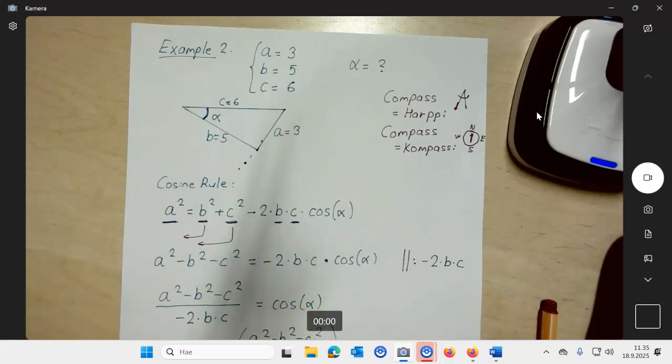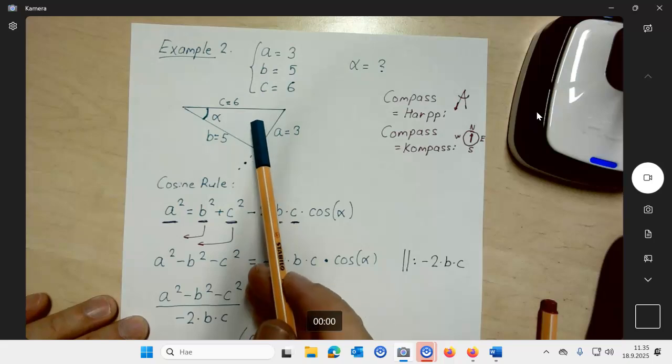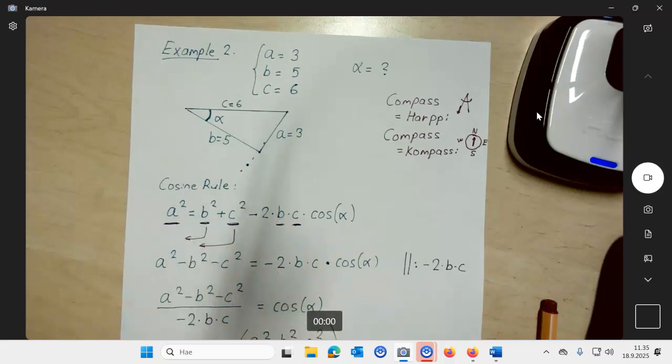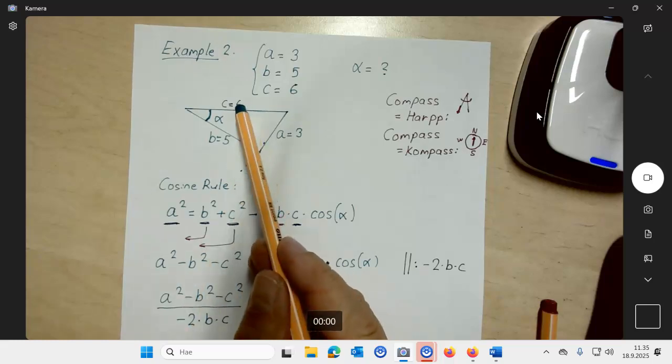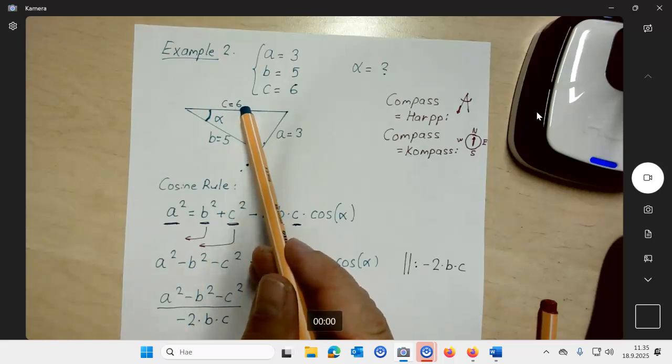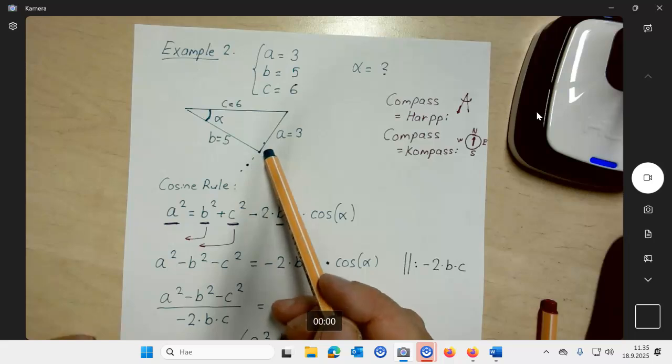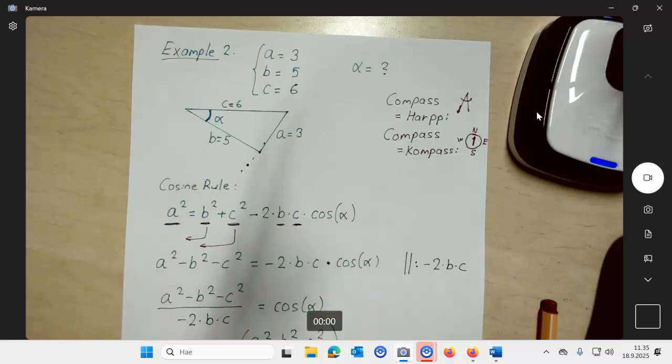Only in a right angle triangle is C always the longest side, but in these universal or oblique triangles, C may be the longest, the shortest, or the middle one. The name of the side does not tell anything about the length of the side.